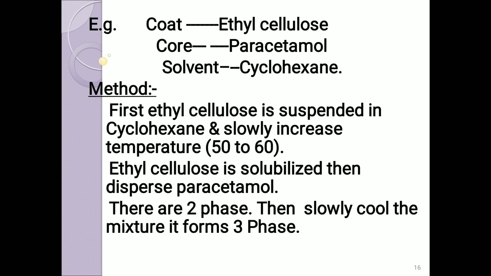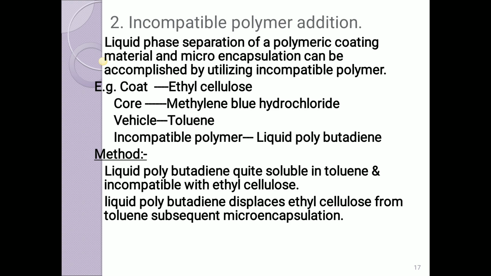So that is converted into the three-phase system. So what happens at that time? The core, that drug particle, which is dispersed in the ethyl cellulose solution, remains inside. The paracetamol remains inside, and on the outer side the ethyl cellulose is coated, and you obtain the microencapsulation.